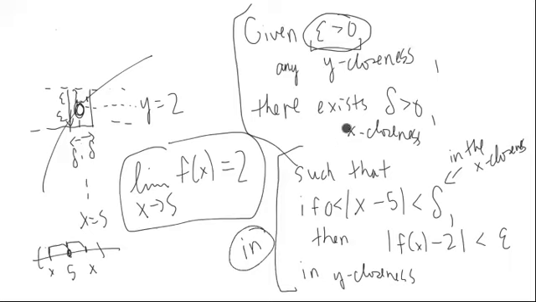And this is also kind of like an if-then statement too. If you have a y closeness, then there exists an x closeness. So you basically have two if-then statements. You have an if, a then, another if, and another then. It starts off with y, it ends with y, and in here it's an x, then it's an x.